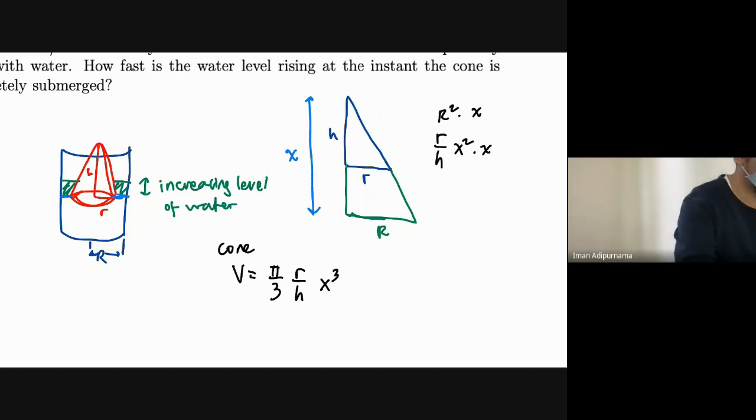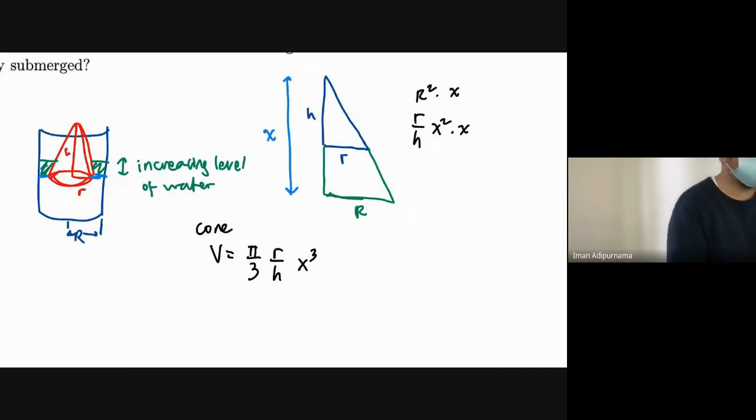Yeah, I hope you understand what I'm doing here. Okay. So when the cone goes inside the water, imagine this is the original cone. It has a certain x distance within the cylinder, and the cylinder also has the radius r.